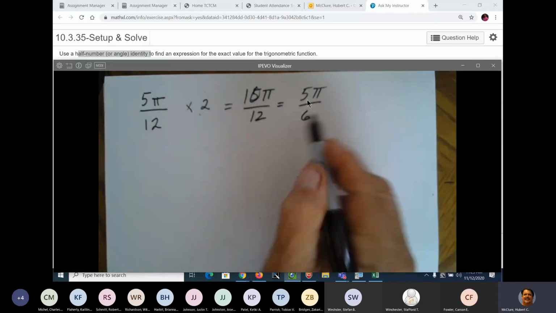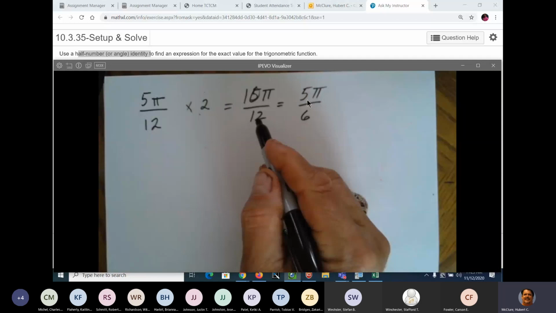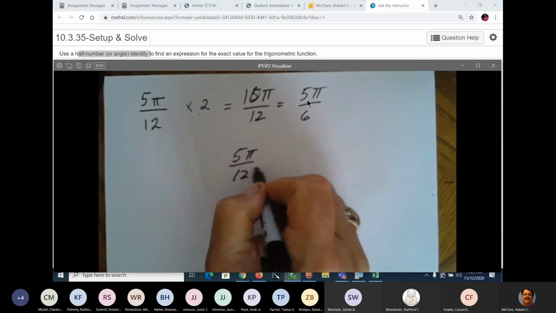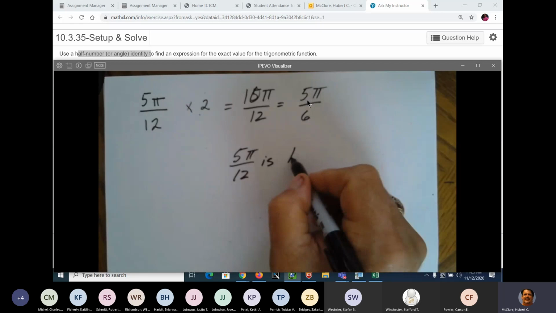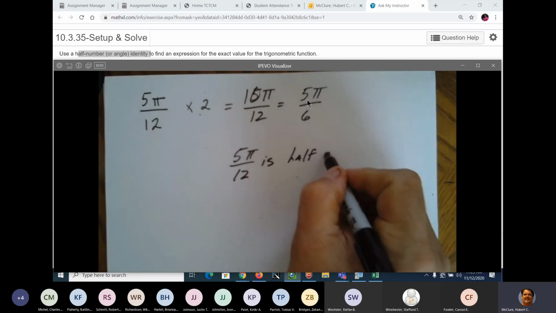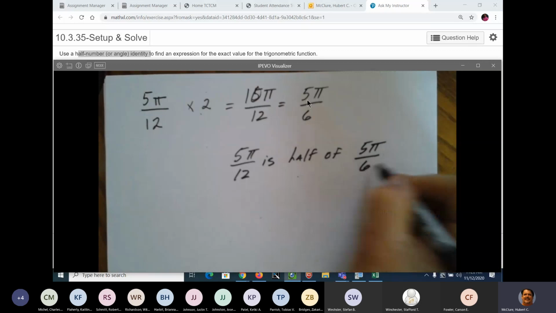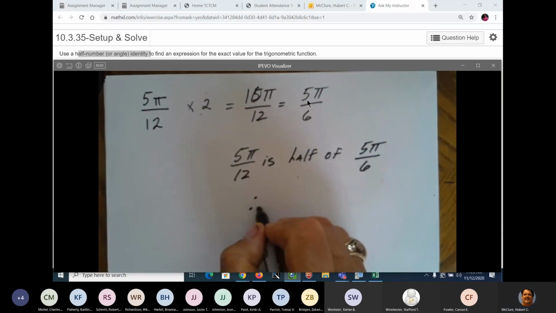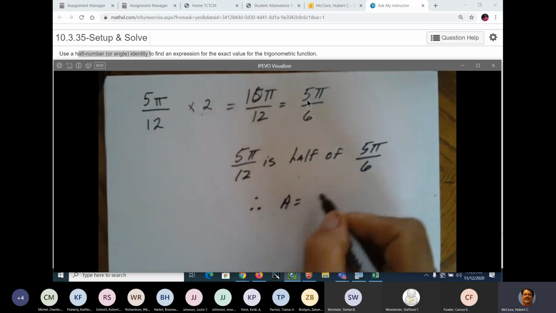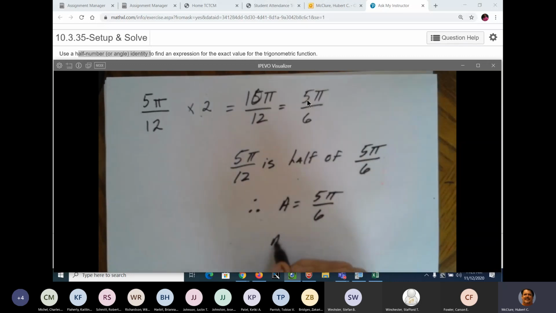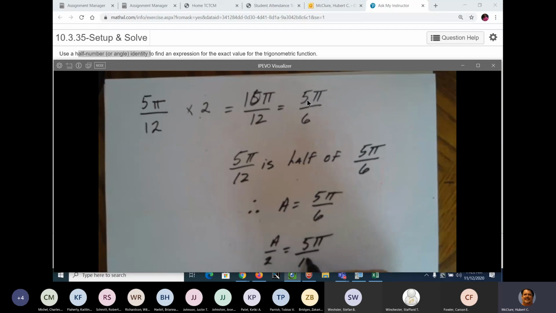So with just that little bit of math, 5 pi over 12 is half of 5 pi over 6. Therefore, A is equal to 5 pi over 6, and A over 2 is equal to 5 pi over 12.